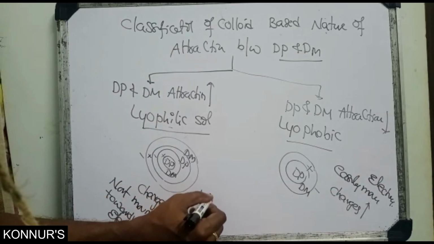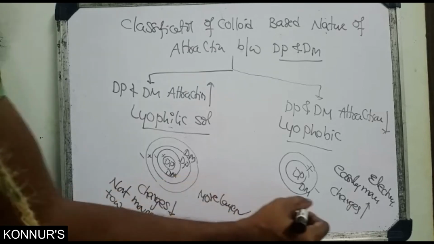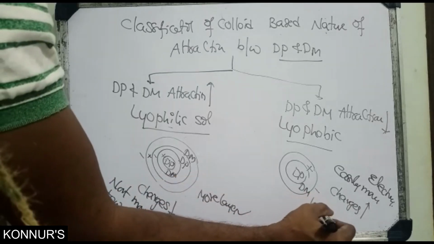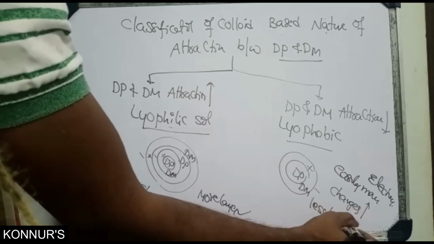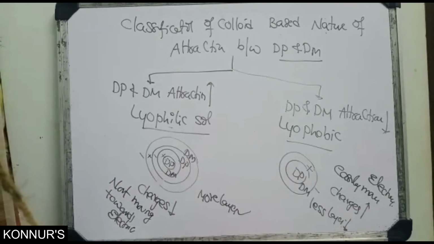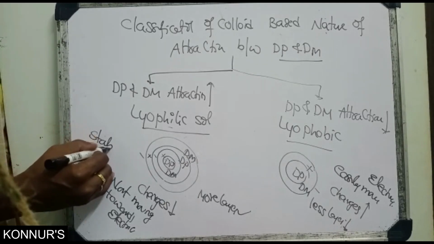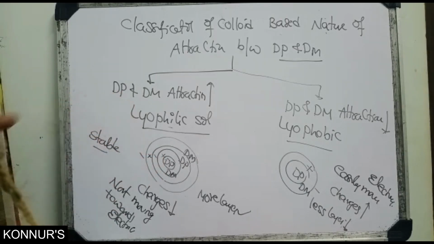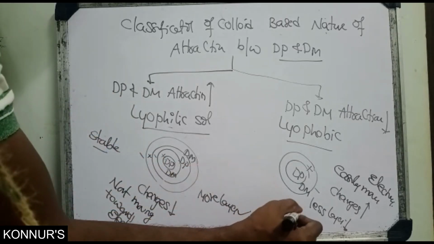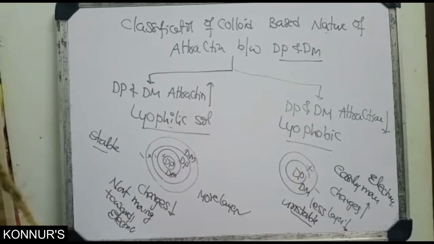Next, here more layers are possible. Here there are fewer layers between the dispersion phase and dispersion medium, so that's why this is stable. Because of this strong connection, it is stable. Otherwise, it becomes unstable.